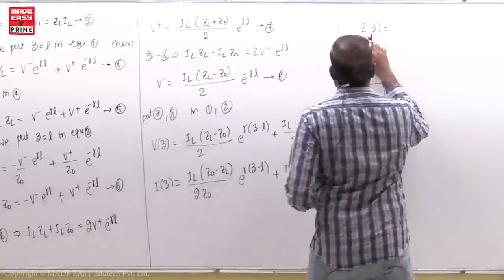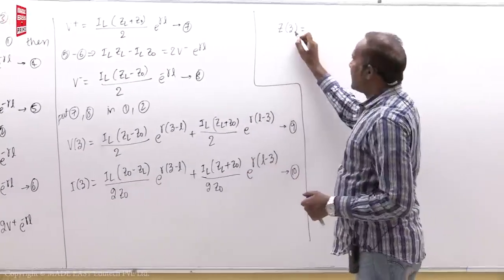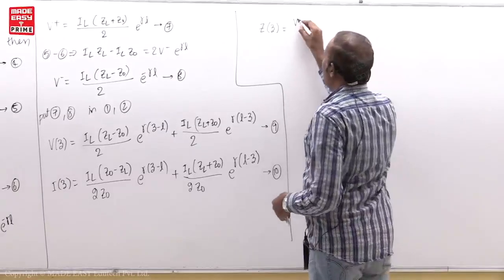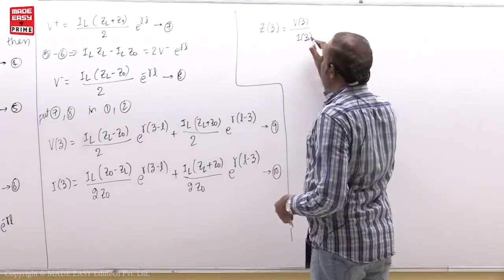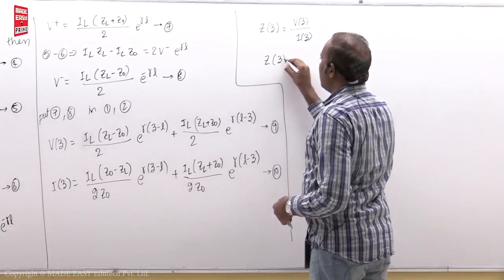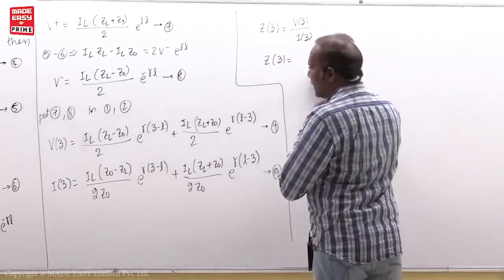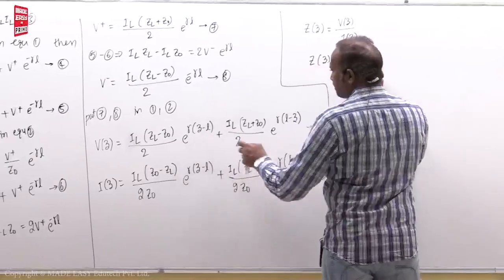So capital Z means impedance at Z distance is equal to voltage at Z distance by current at Z distance, that gives here V of Z is this one, dear students.